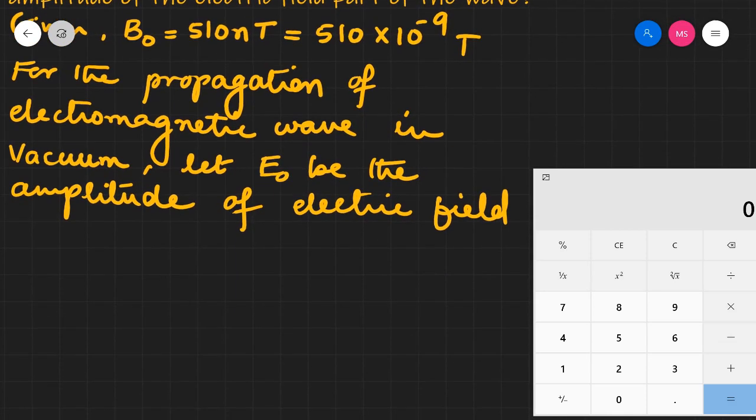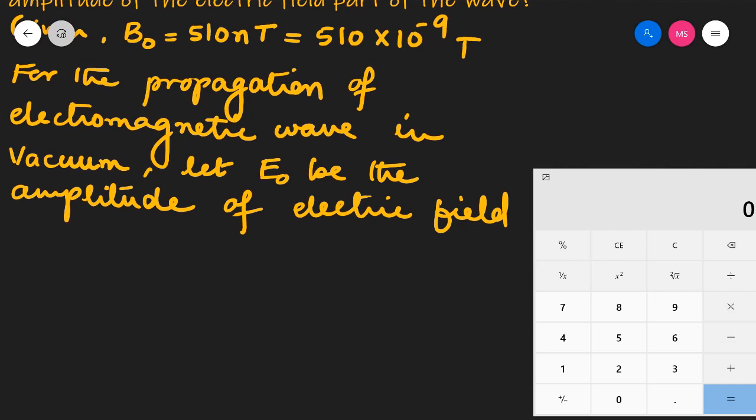So if a wave is propagating in vacuum, we have assumed that E naught is the amplitude of electric field.